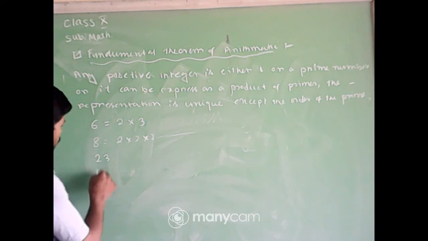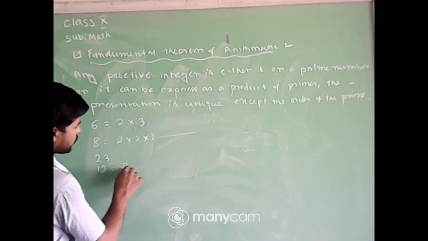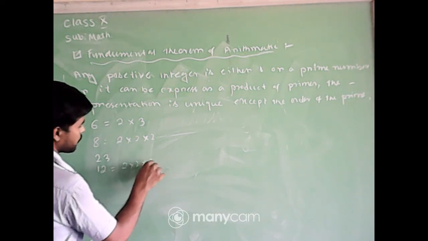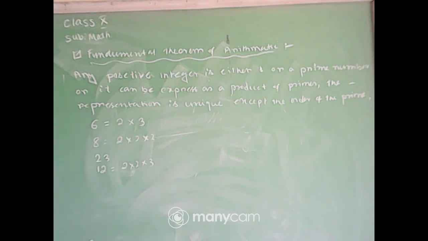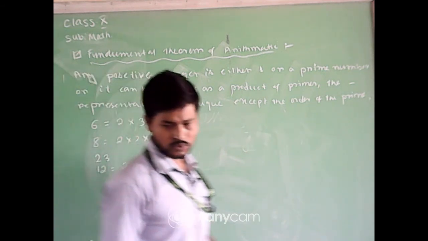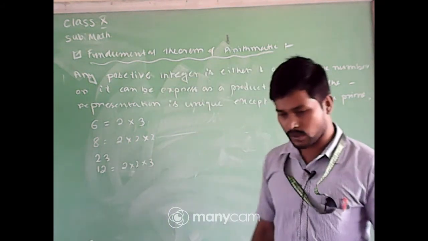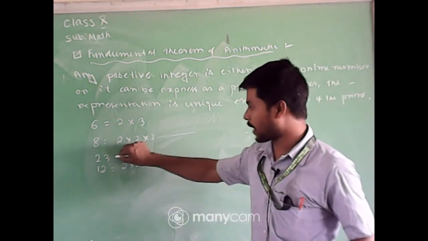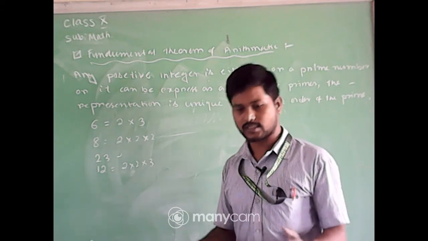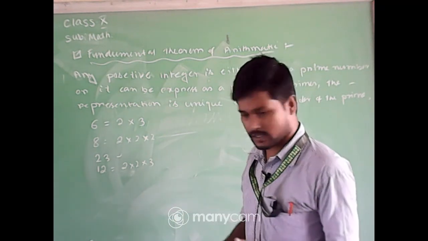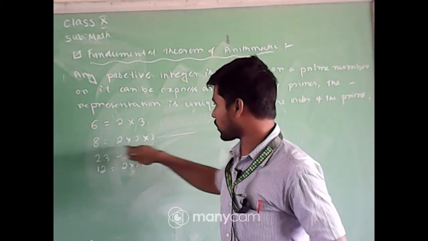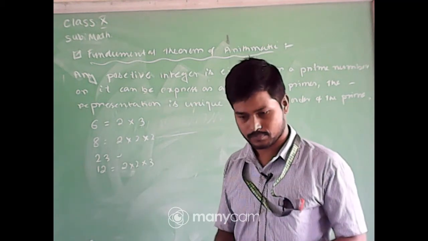Then 12 is given. So 12 means 2 into 2 into 3. So it can also be expressed as a product of prime numbers. So whatever number you choose, it will be either 1 or a prime number, otherwise it has to be expressed as a product of a few primes.